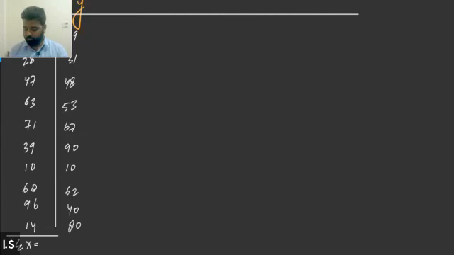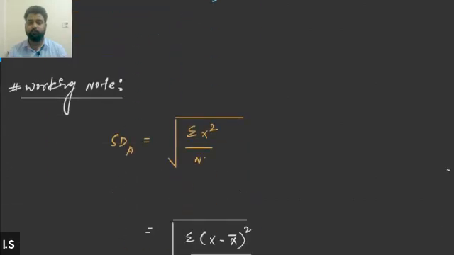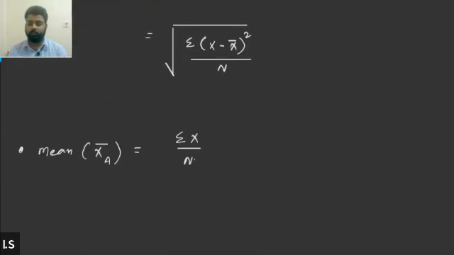So sigma x will be 32 plus 28 plus 47 plus 63 plus 71 plus 39 plus 10 plus 60 plus 96 plus 14. So it is 460. And obviously we have 10 items because the scores of these batsmen are given with respect to 10 innings.